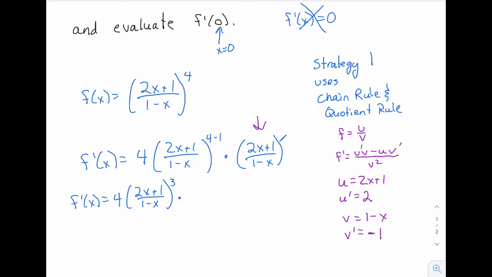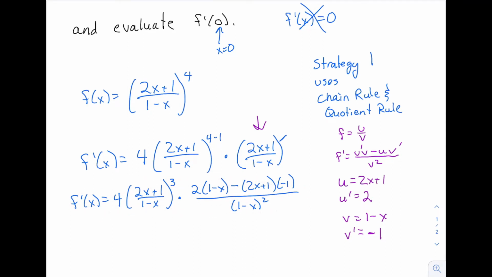So u prime v, u prime is 2, v is 1 minus x, minus u v prime, this is going to be 2x plus 1, v prime is negative 1, all over v squared, or the denominator squared. In this case, I was just using this formula and subbing in each part that I found down here. So this is my derivative.